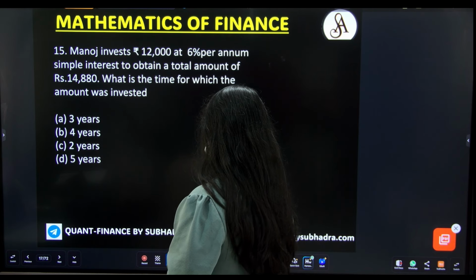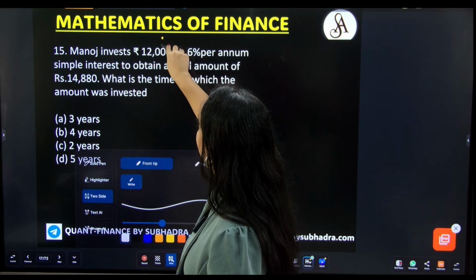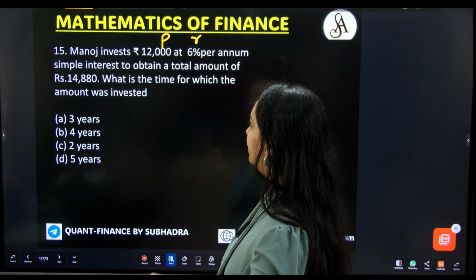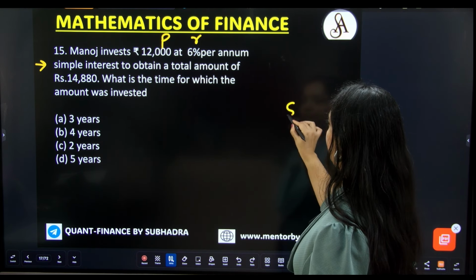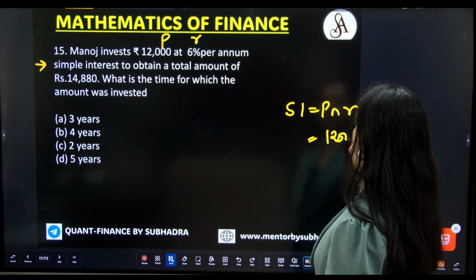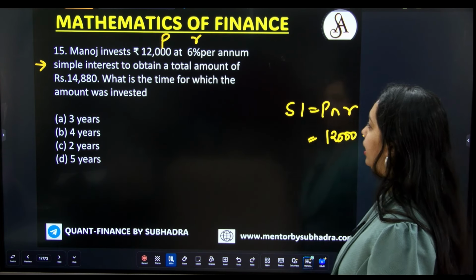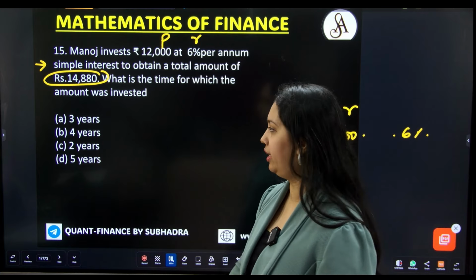Manoj invests 12,000. 12,000 is your principal, the amount that you are investing, the P value. 6 percentage is R. Simple interest. Be careful. Simple interest formula we are going to apply. SI is equal to PNR, where I got P value 12,000 into R value I got as 6 percentage into N. The total amount has become 14,880.